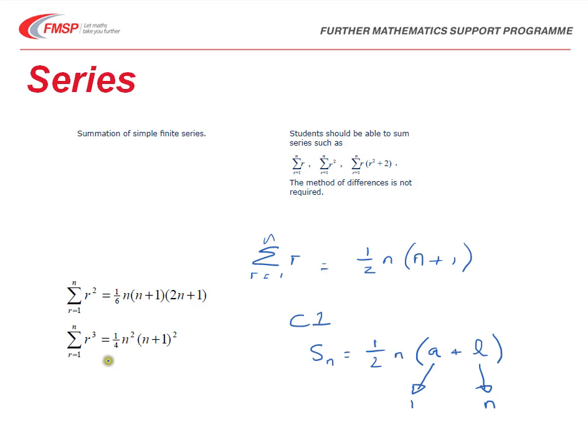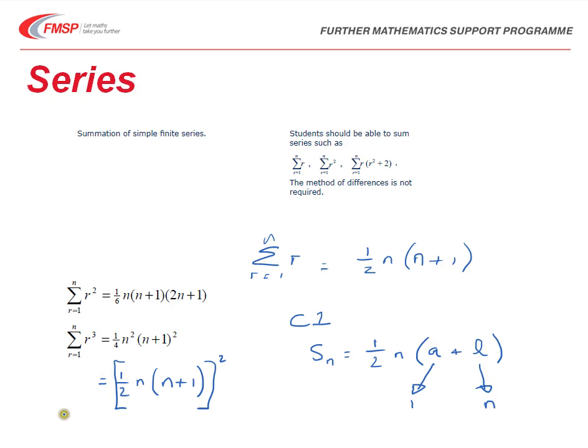One other thing I'd mention, and it's worth remembering, is that sigma r cubed can be written as 1/2 n(n plus 1) and then all squared. This is sometimes useful to remember, particularly when you're factorizing some of the expressions which arise in questions.